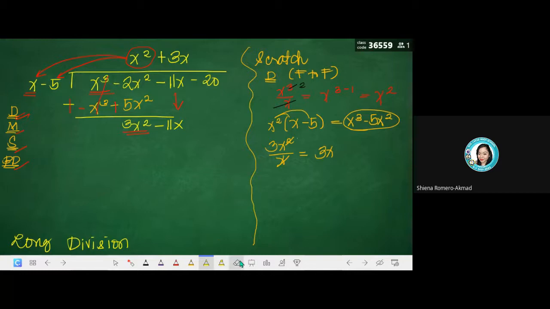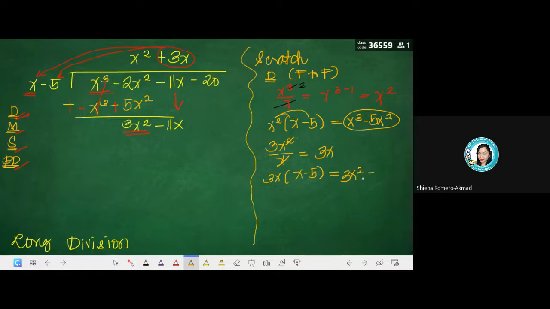3x, siya naman ngayon yung i-multiply natin on both terms. Say positive 3x, siya naman yung i-multiply natin sa dalawang terms. Okay? So, we have 3x times x minus 5. So, this will be 3x squared.